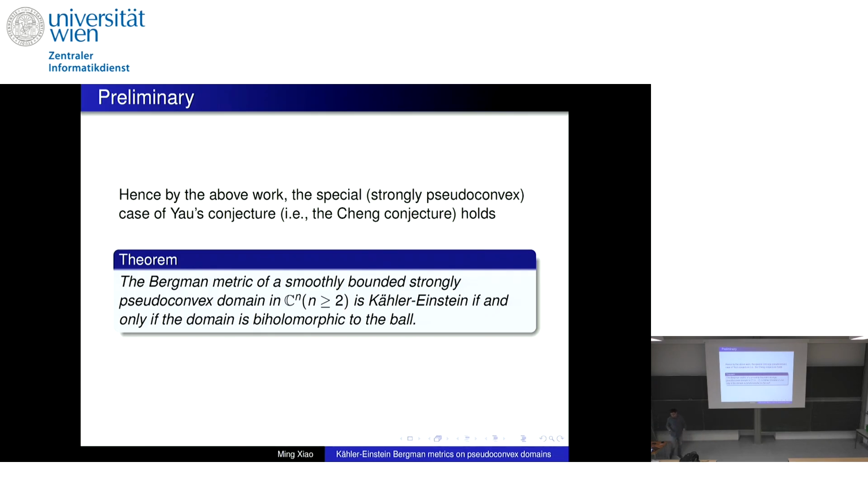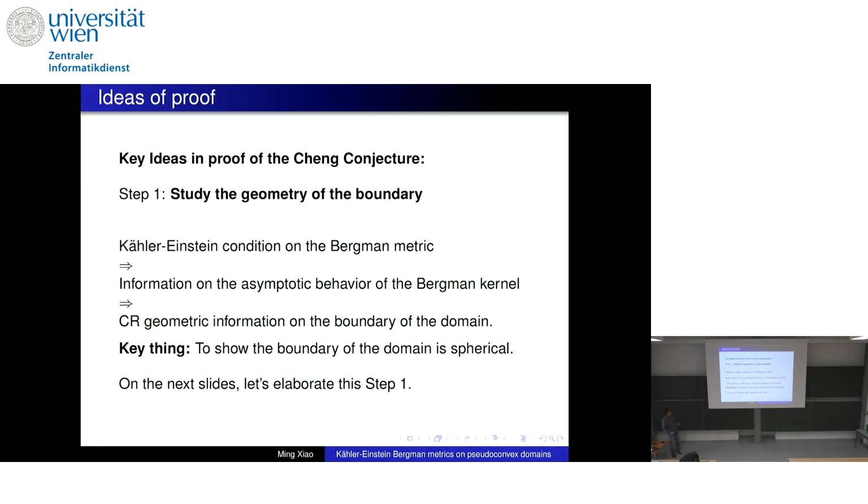Before we discuss more general cases of Yau's conjecture, let's try to understand the ideas behind the proof of Cheng's conjecture to get some inspiration. The key ideas in the proof of Cheng's conjecture can be summarized into a couple of steps. The first step is to study the geometry of the boundary. We start with the assumption that these two canonical metrics coincide: the Bergman metric is Kähler-Einstein.